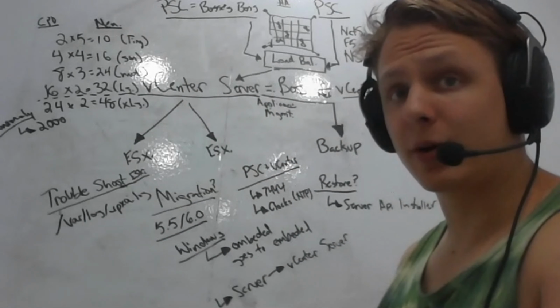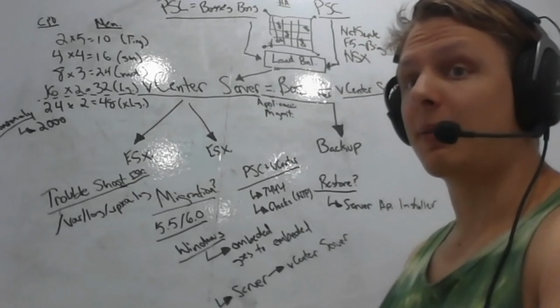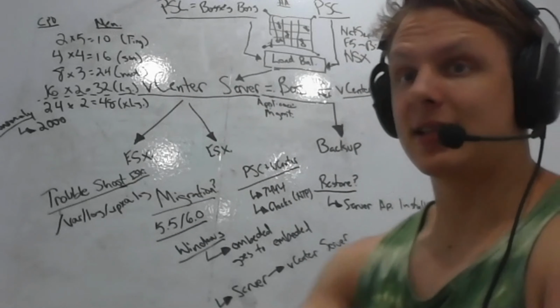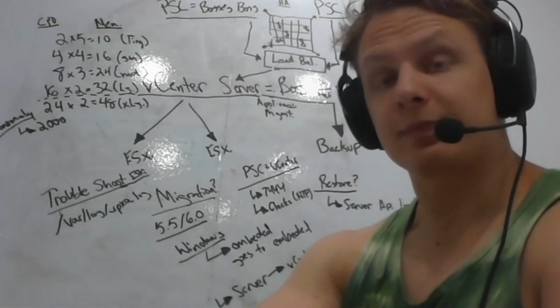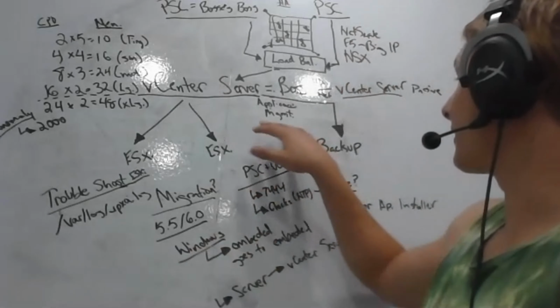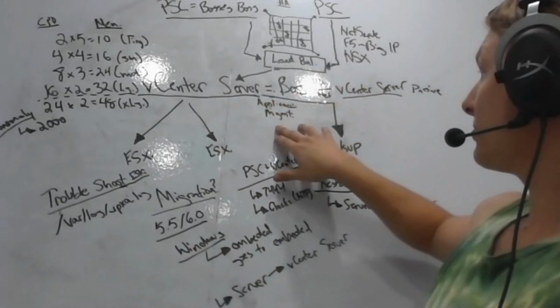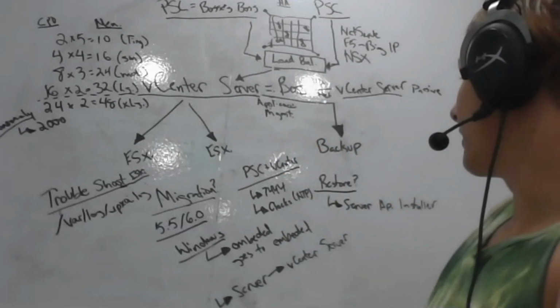There's several different protocols that are supported. I might go over that even more in-depth in a vCenter server video. But the important thing here is that you're going to back up within the appliance management, and then you're going to point that to whatever backup you choose.